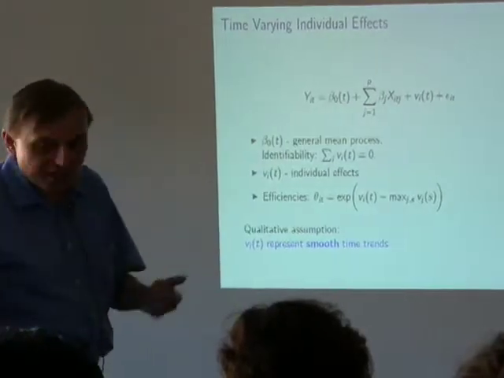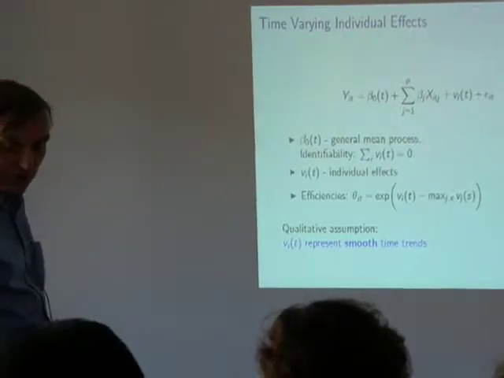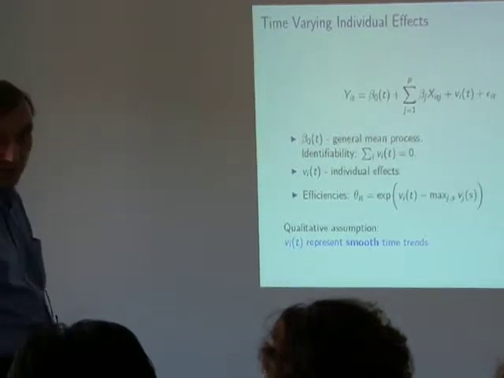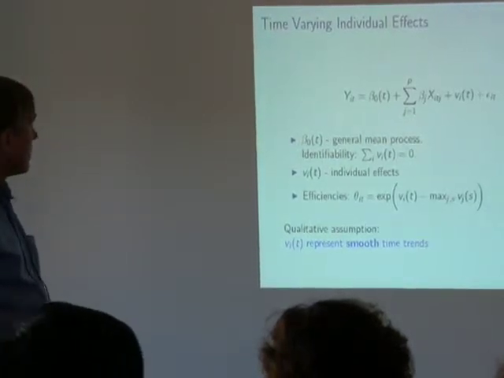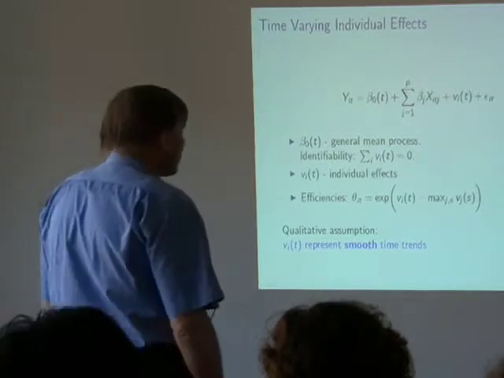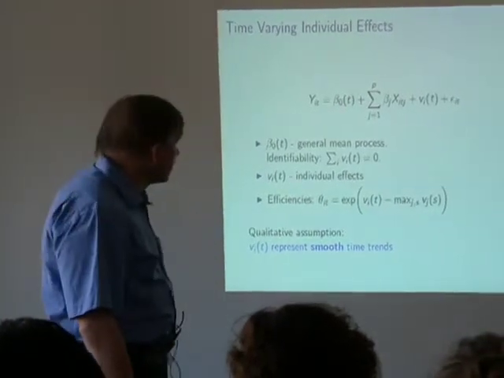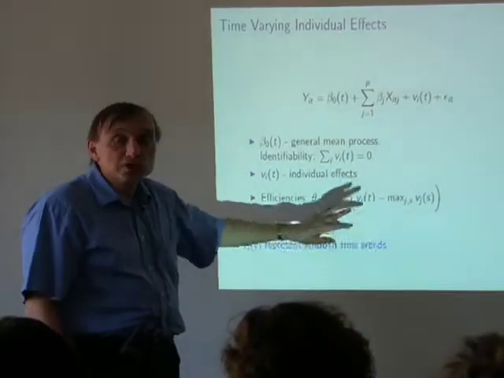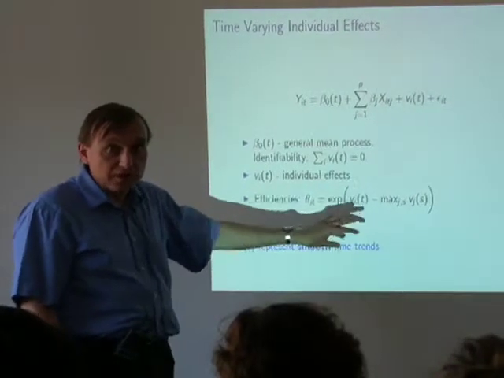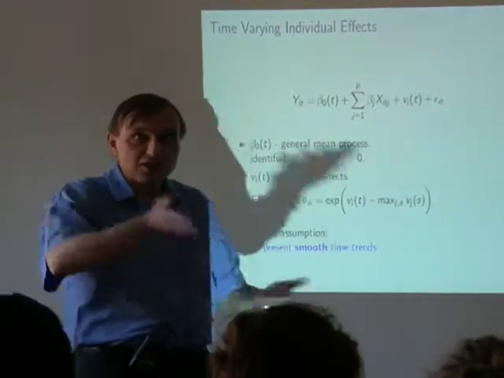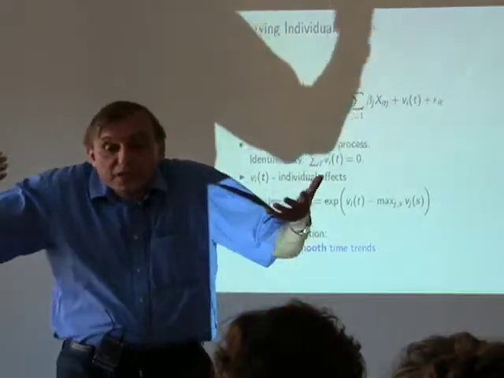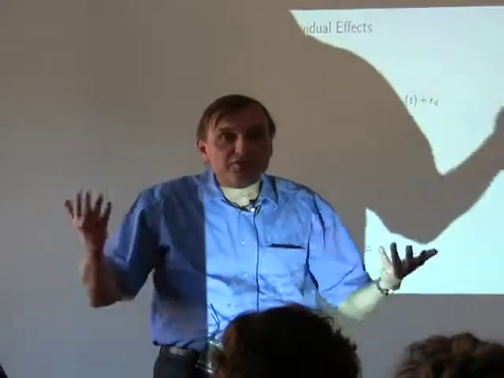So it may change over time. Also the maximum efficiency may change over time. The only qualitative assumption which we have is that the vi of t represents smooth time trends. By smooth trend, I mean either a smooth function over time, or also, if it's a random walk, usually people also say that's a smooth type of trend.